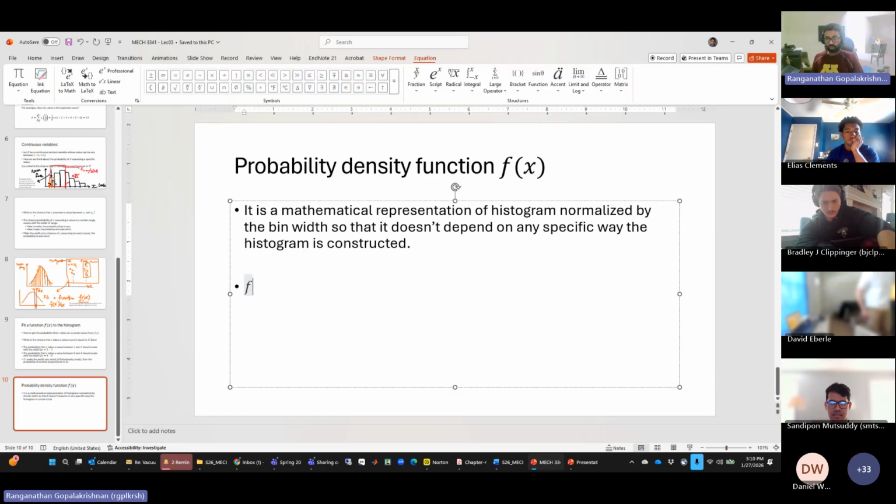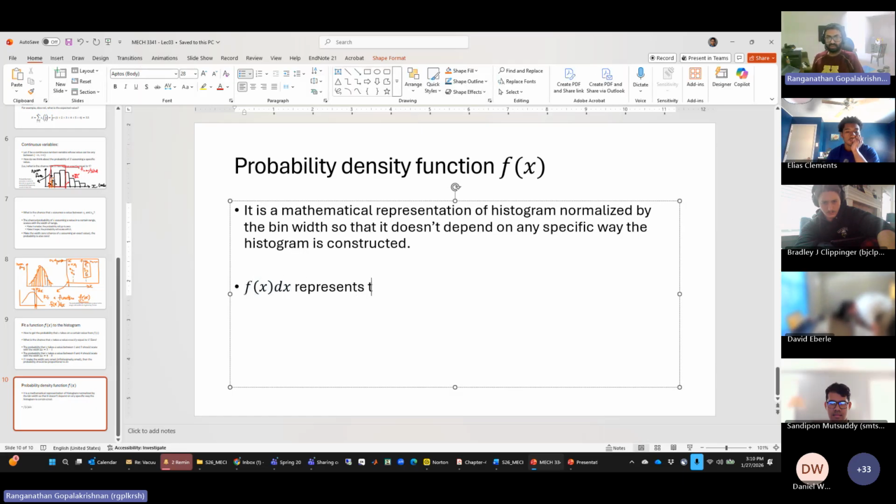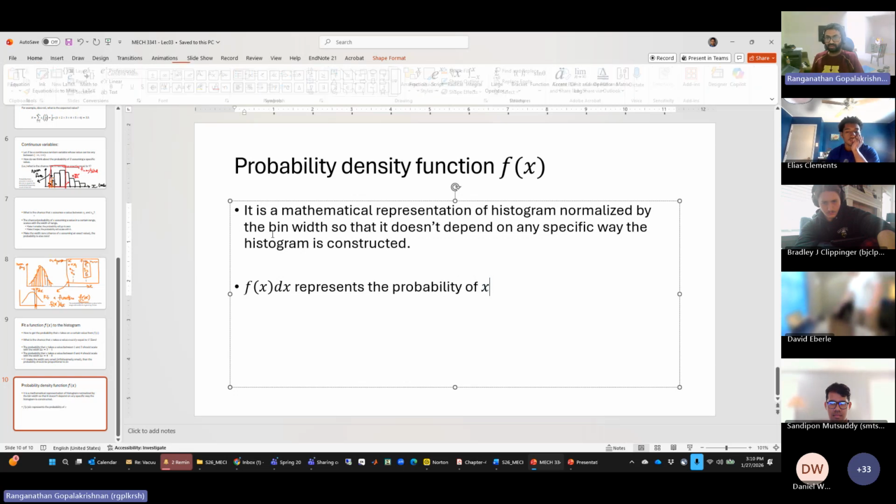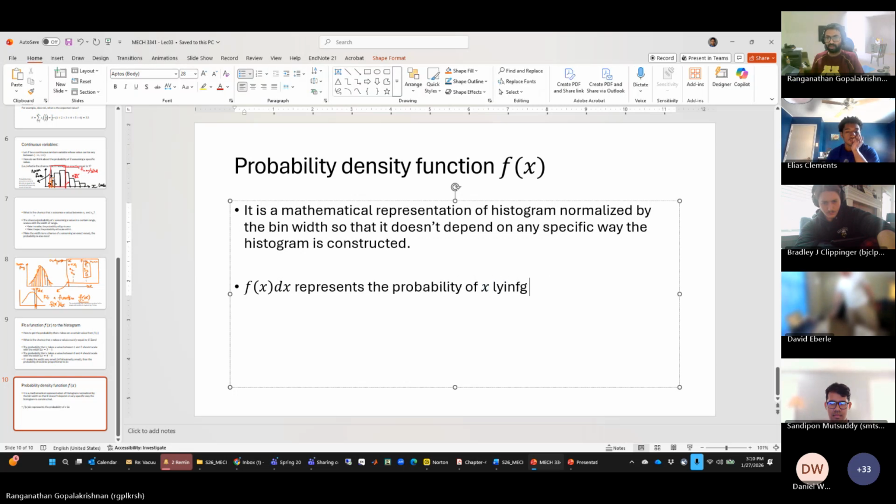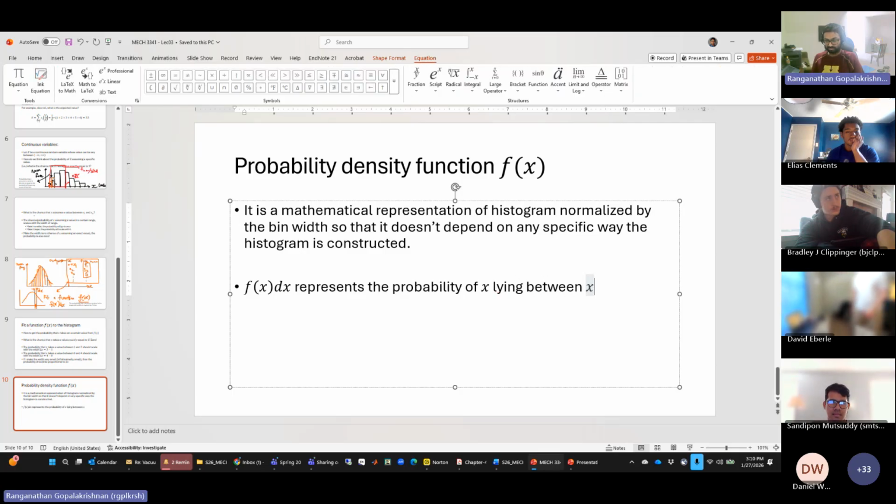So f of x times dx represents the probability of x lying between x and x plus dx.